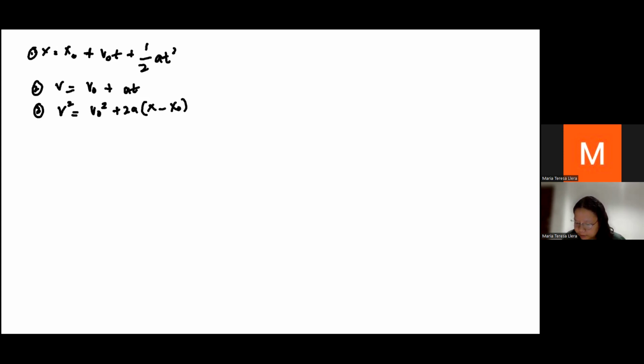Okay? So this is our frictionless surface, and this is our block, with a constant acceleration of 2 meters per second squared. At time t equals 0 seconds, the block is at x equals 5 meters.